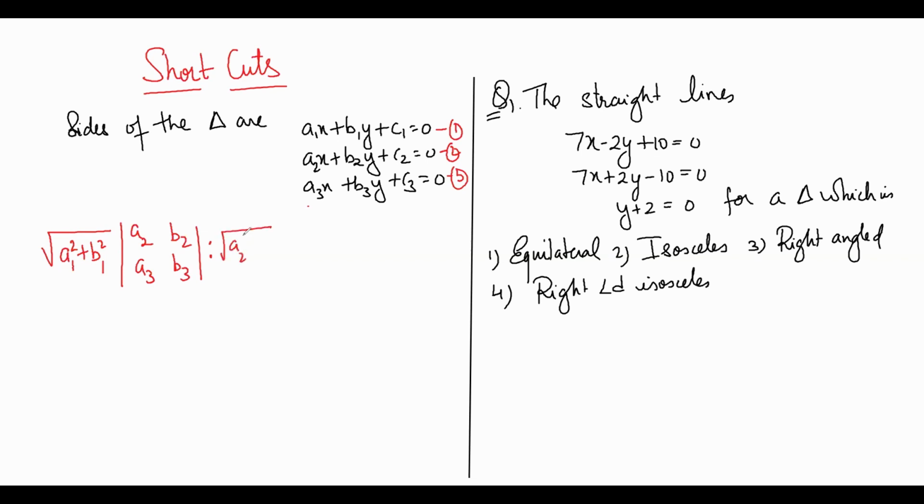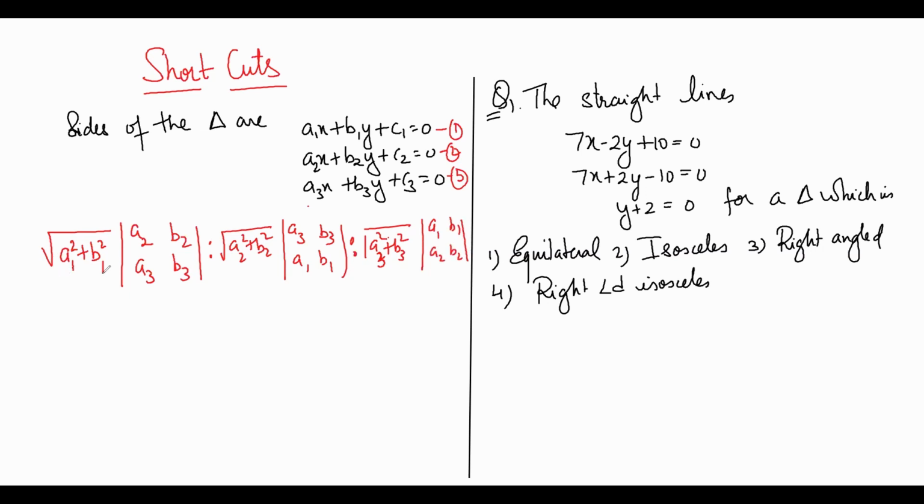So this is A2 square plus B2 square, and we are left with A3 and B1. So write here A3 B3, A1 B1. The next is root of A3 square plus B3 square, and we are left with 1 and 2, and you write here A1 B1, A2 B2. How do you learn this?